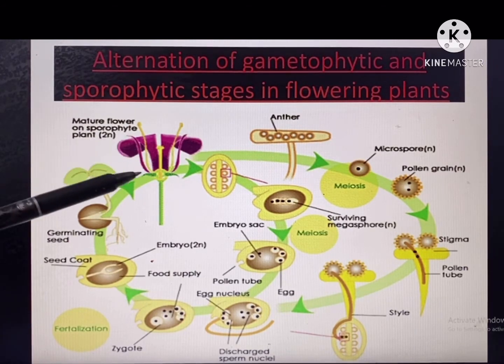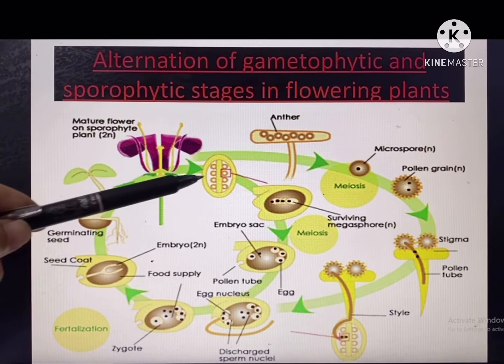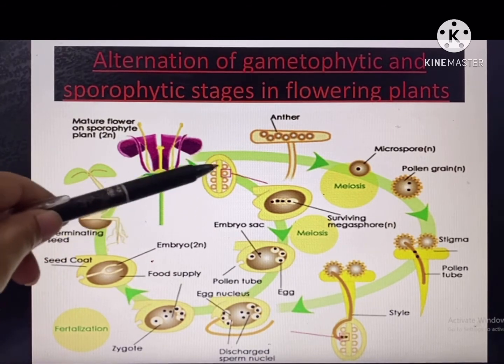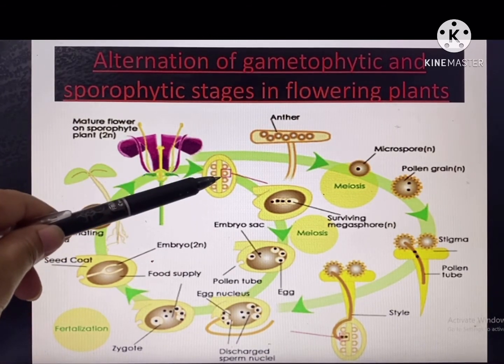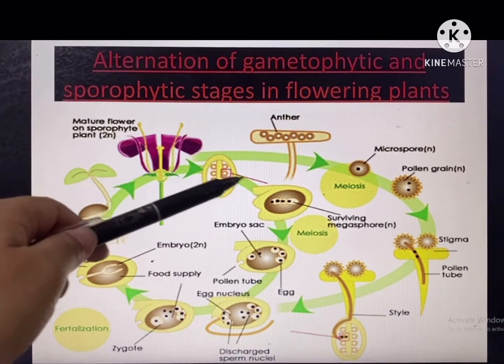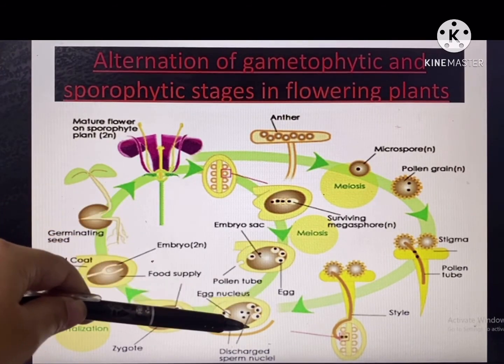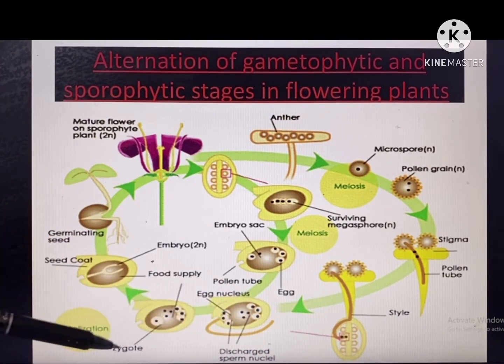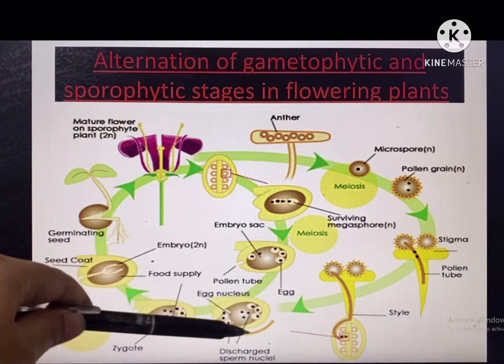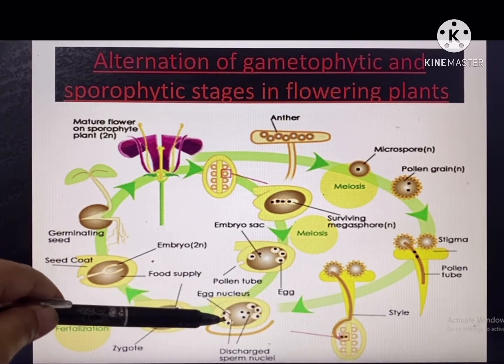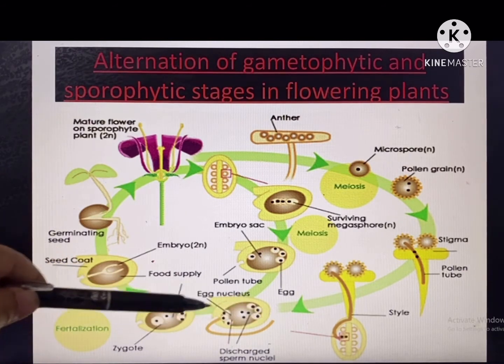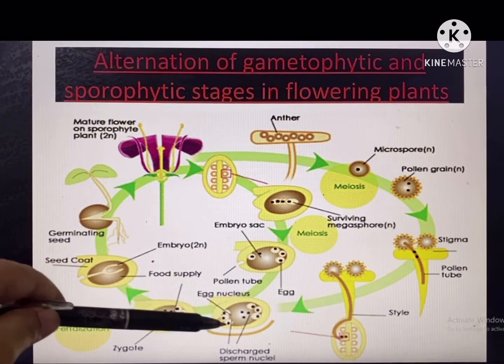That's the flower. From the flower, the zoomed diagram is showing the ovule. From there, by different developmental stages, the mature egg nucleus is formed inside the embryo sac.